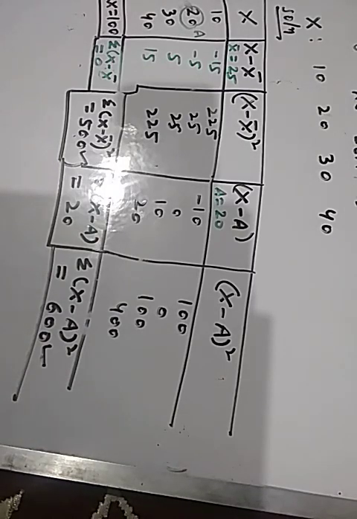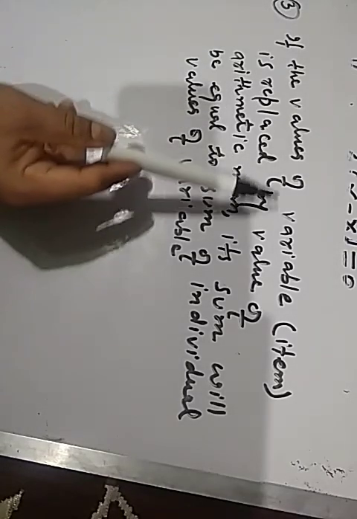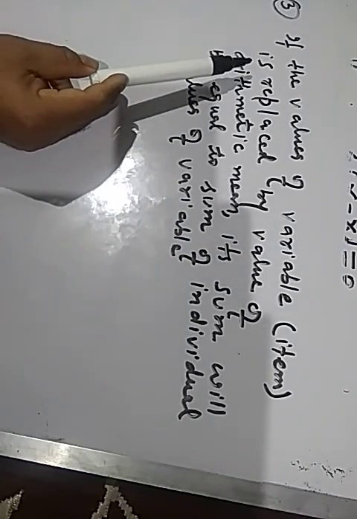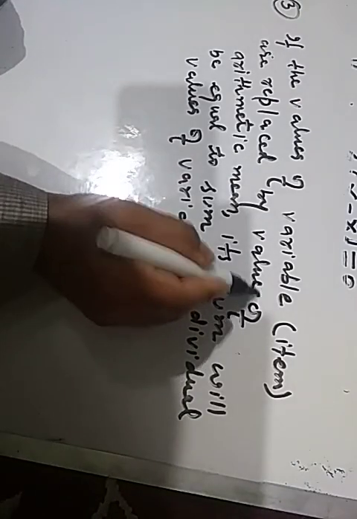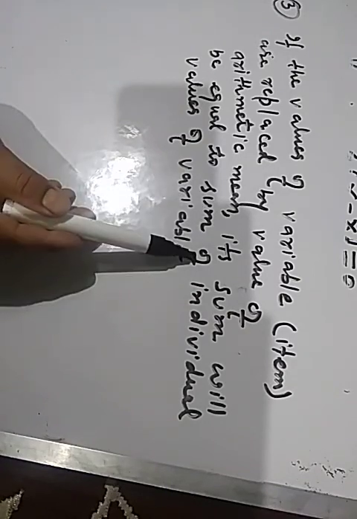Now we will learn one more property of the arithmetic mean. The third property of the arithmetic mean is that if the values of the variable, or the values of the given items, are replaced by the value of the arithmetic mean, its sum will be equal to the sum of the individual values of the variable.